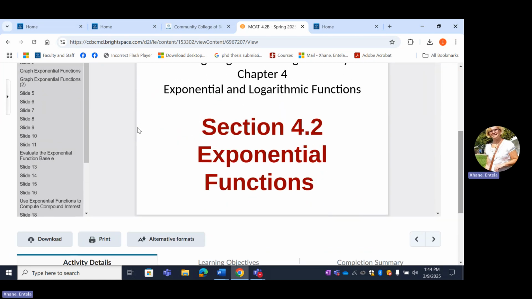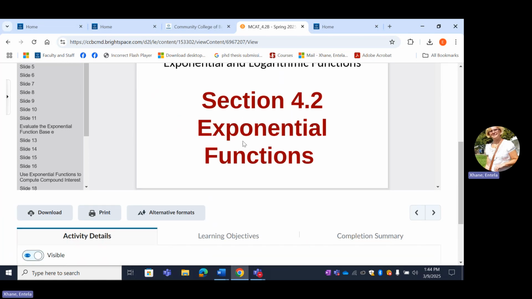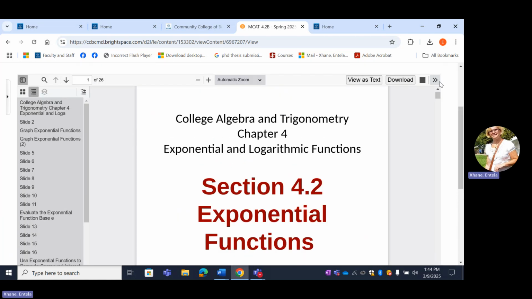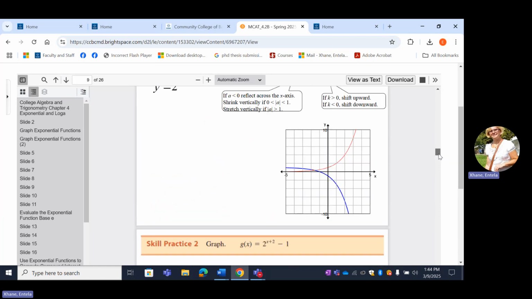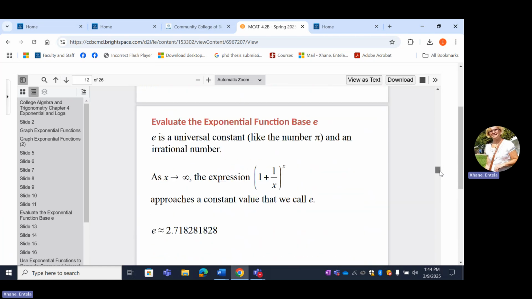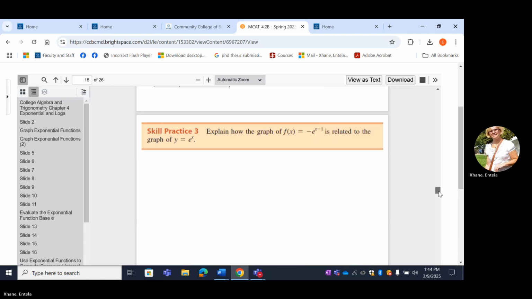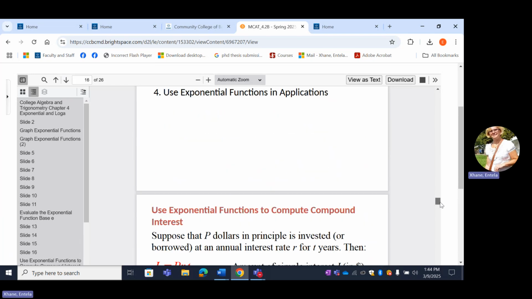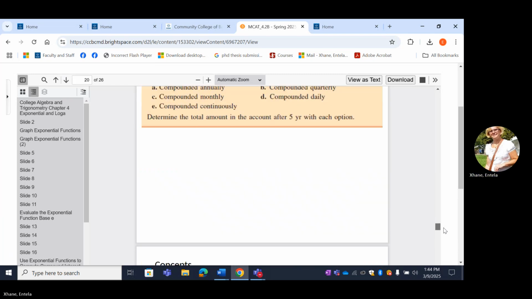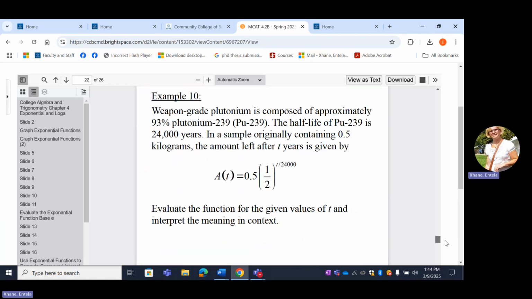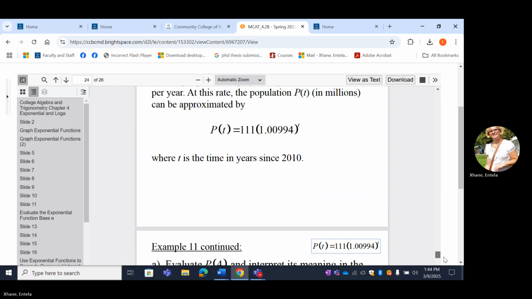And as I explained, this PowerPoint has different slides. If I go through the slides, you are going to see models that are specifically designed for exponential growth and exponential decay. These are interest models, again, based on population growth and population decay.